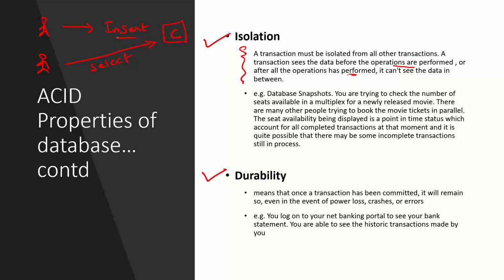Now, this insert query is going to insert thousands of records, and this person is parallelly firing a select query. What isolation says is that this select query should take a snapshot of the data which was before the insert, or a snapshot of the data after the insert.